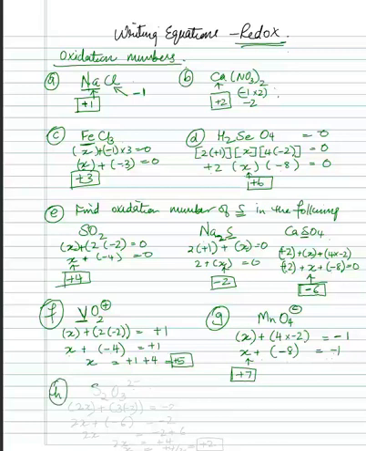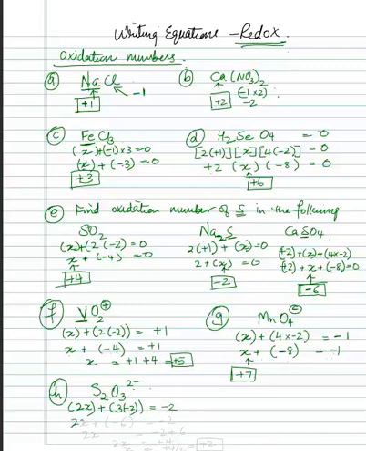Another one, let's take S2O3 2-. This is the thiosulfate ion. So now we have 2x, instead of just 1x, plus 3 oxygens, remember -2 for oxygen. Oxygen is always going to be -2 for the most part, and all of this should be equal to -2. That is the overall charge that's left on the ion.